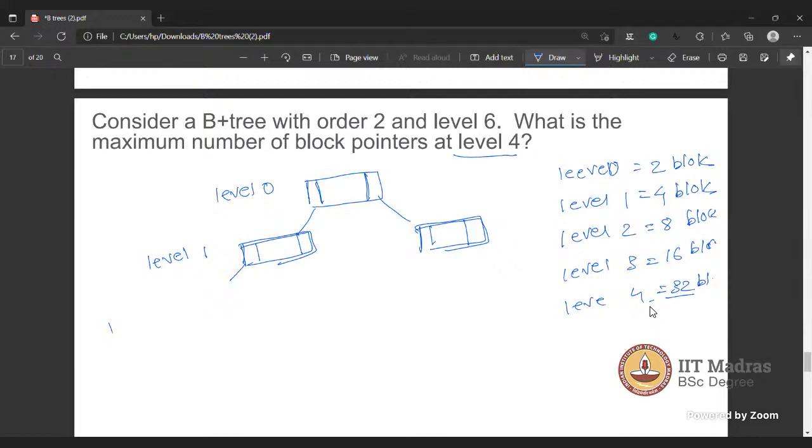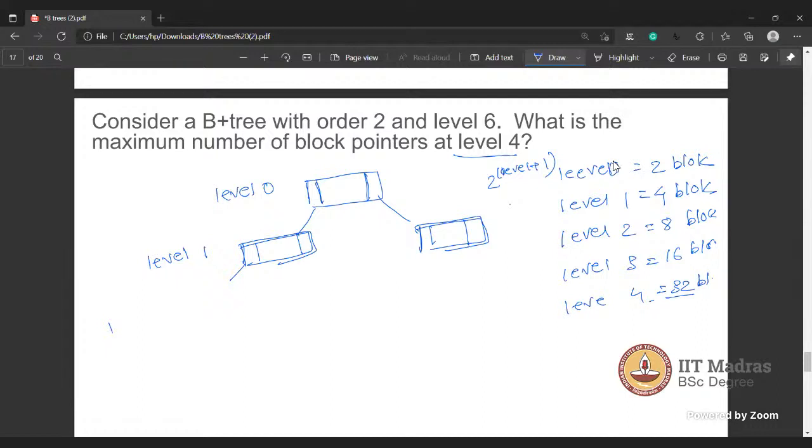Abhishek, it is clear to you, right? Yes, sir. So, sir, the formula is order to the power level plus 1. You can write the formula as: there is n pointer, 0 to n. What is your formula? Level plus 1.